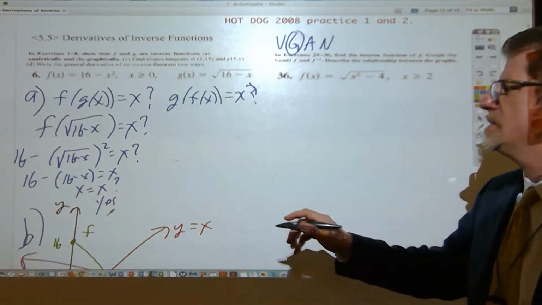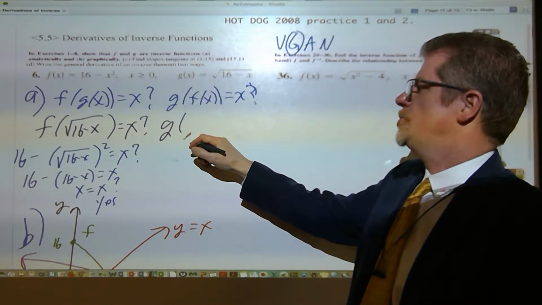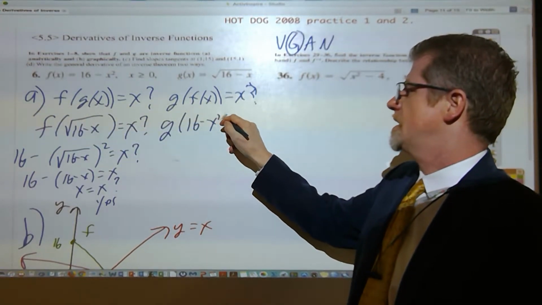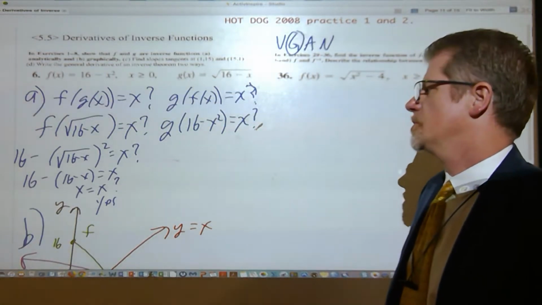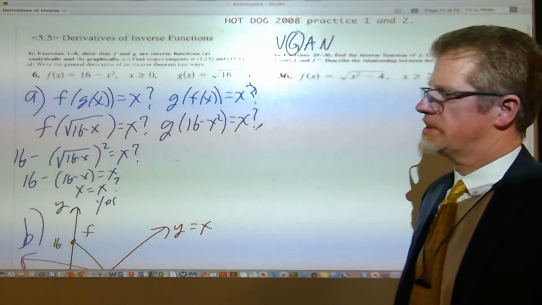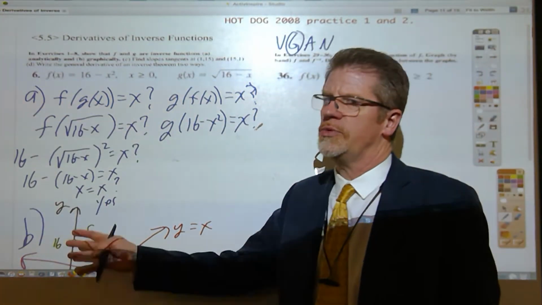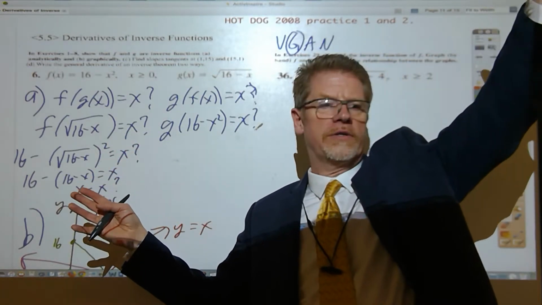But we're not done until we also investigate g of f of x. g of f of x would be g of 16 minus x squared. Now, since I wasn't in the room when you were learning pre-calculus, how many of you are willing to testify, or at least raise your hand to indicate that you remember doing stuff like this in pre-calc? Anyone? Oh wow, there's a lot of hands up.